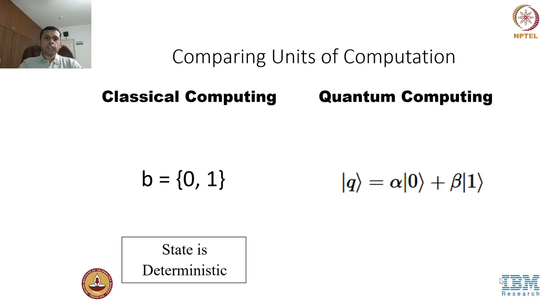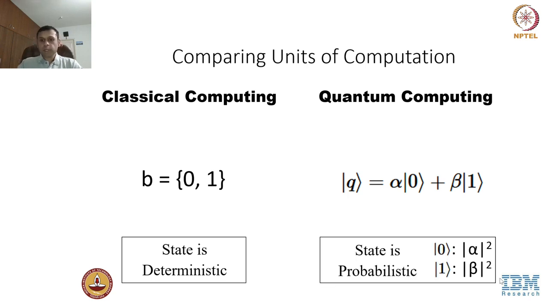What does this mean? It means that in classical computing, the state is deterministic, whereas in quantum computing, a qubit is not in a definite state, but rather has a probability of being either in the 0 state or in the 1 state at any given time. And this probability can be calculated accurately if we know the coefficients of |0> and |1>, that is alpha and beta.